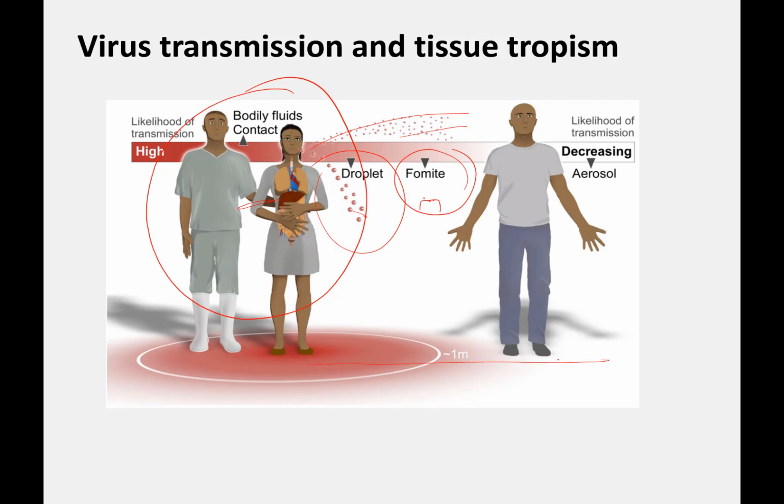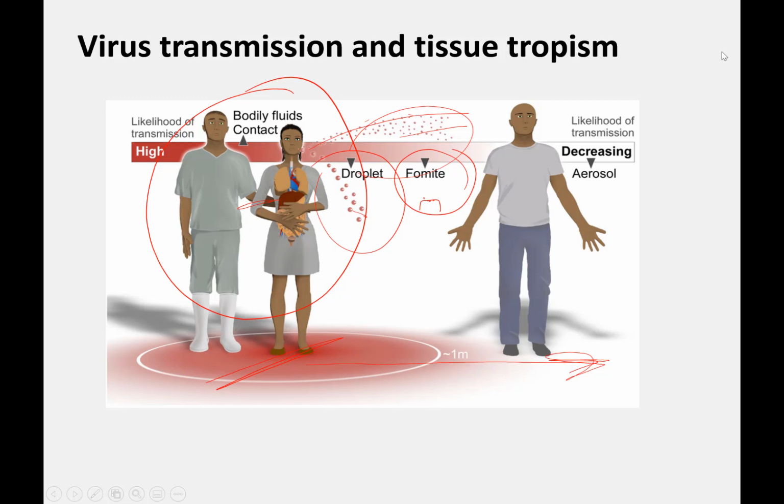As you get further and further away, you are more protected from someone who is contagious, just because eventually the viruses are heavy enough to fall out of the respiratory droplets, and we're going to talk about that in just a minute.